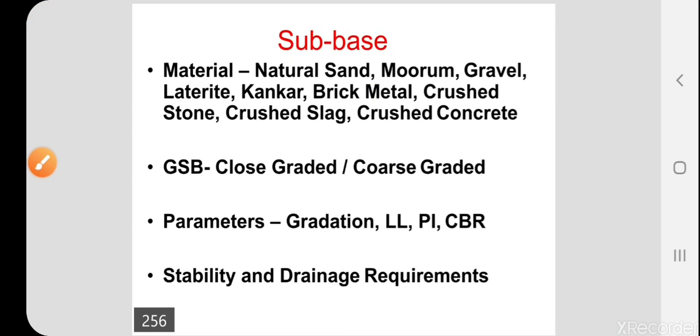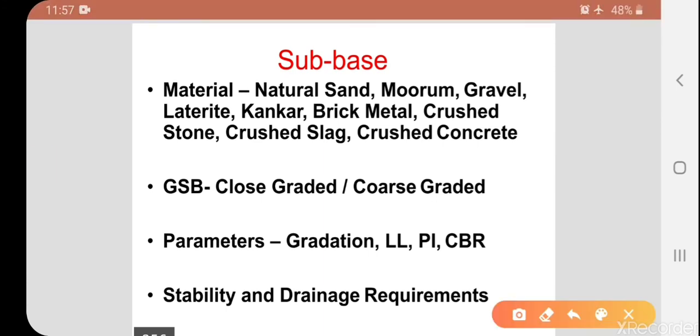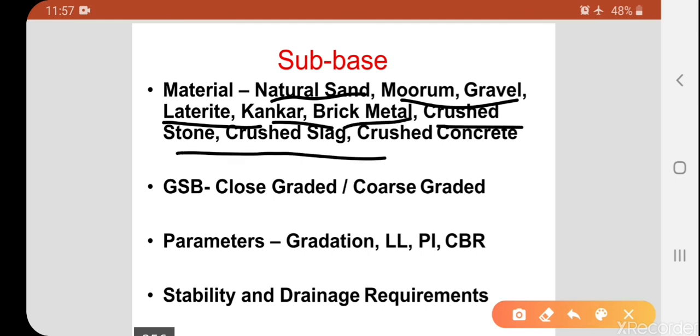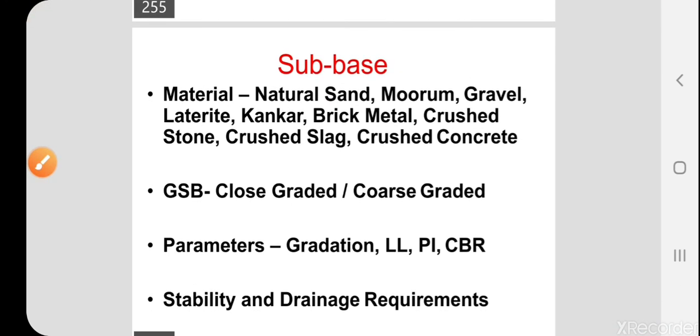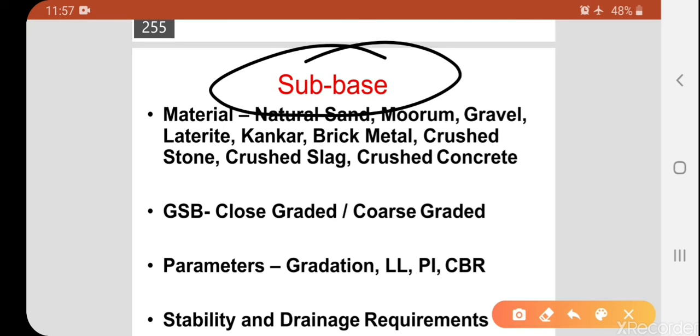Next, sub base. What do you mean by sub base? The materials used for the sub base are natural sand, moorum, gravel, laterite, kankar, brick metal, crushed stone, crushed slag, crushed concrete. These are the materials required for the construction of the sub base.